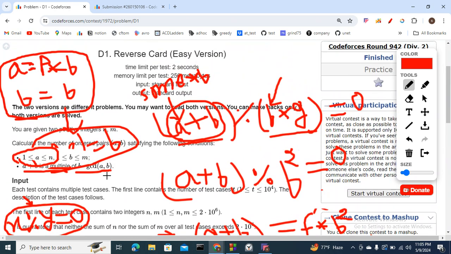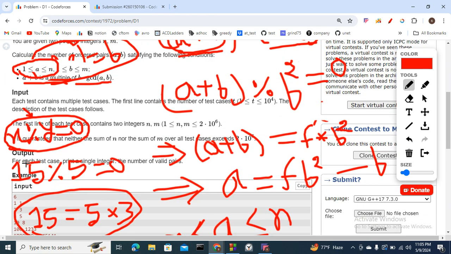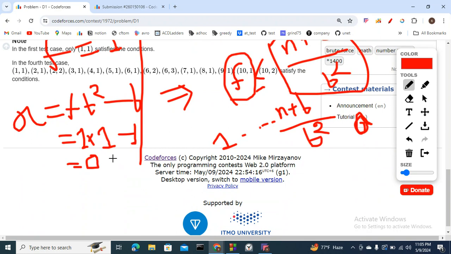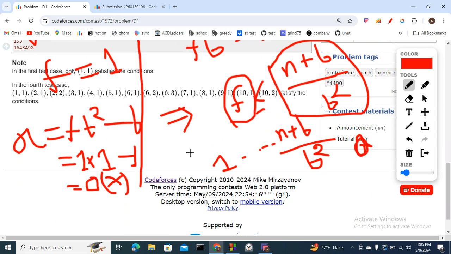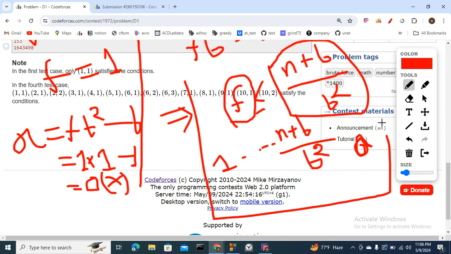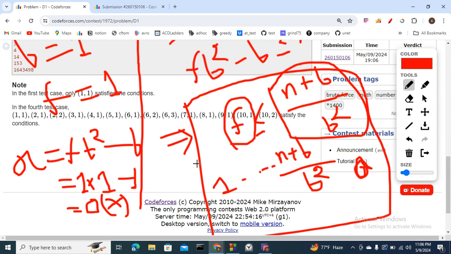But if we see the range of a, it must be greater than or equal to 1. So this is an invalid answer. As we have included this using our formula, we must not include it, so we will calculate all these values and then subtract one from the answer.